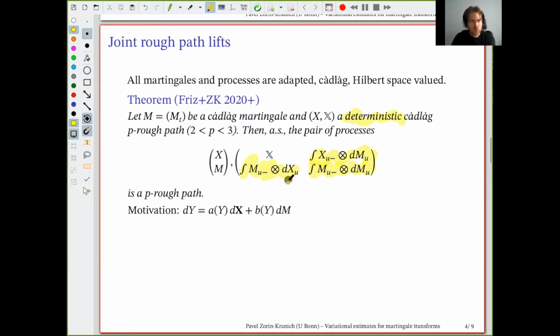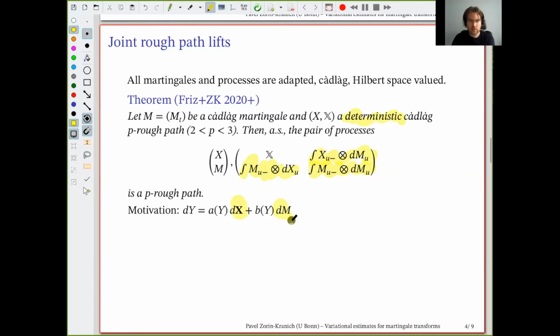What is the motivation for doing this? One motivation is that maybe you want to solve some kind of mixed differential equation where you have a rough and a martingale driving part.